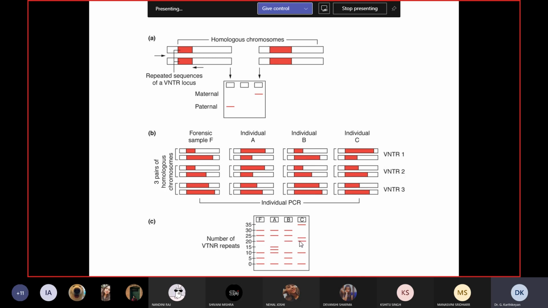It matches probably in this region and this region, but it is not matching in all the regions. If you look at B, B matches exactly with the forensic sample lane by lane, fragment by fragment. You see an exact identical match. That is why B is suspected to be the person who could have committed the crime.